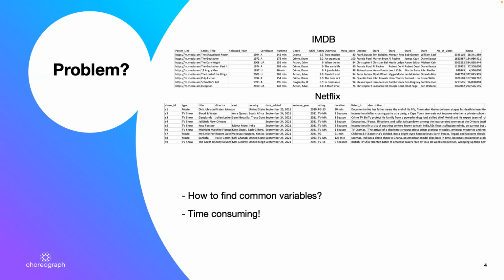Now, it may sound like a very simple problem, and when you have datasets with maybe 10 or 20 features in each, it's not even time-consuming. But when we work with bigger datasets, we can have as many as 500, 1000 plus features, especially when we work with survey data.